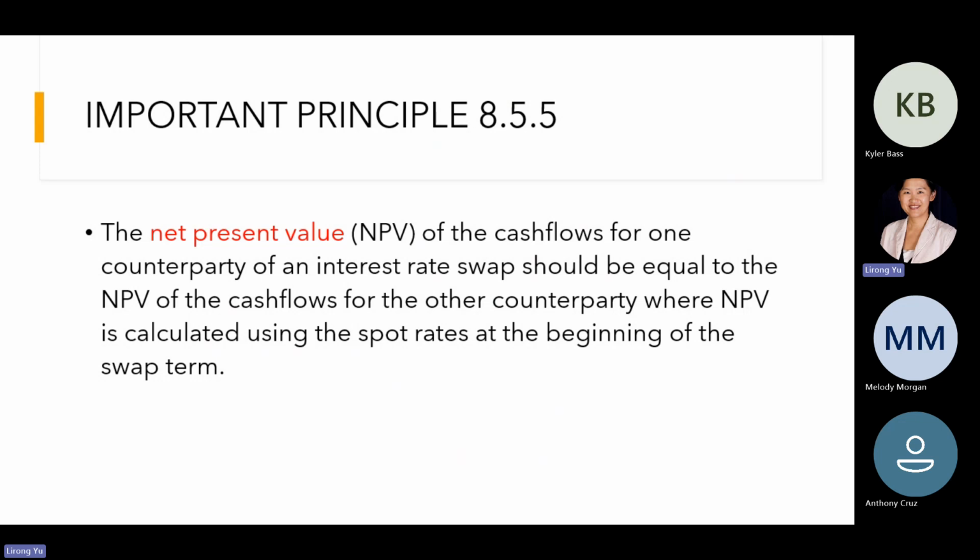The rule for the swap rate is that the total present value of the net cash flow should equal zero, meaning that the payer and the receiver, none of them are losing money, considering the beginning of the term when they sign the contract. At that time, using the spot rates available, they will find the swap rate at which neither party is losing money. They have the same present value. So the net present value together is zero.